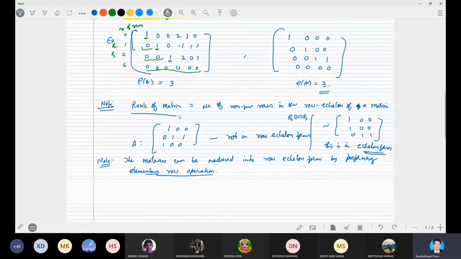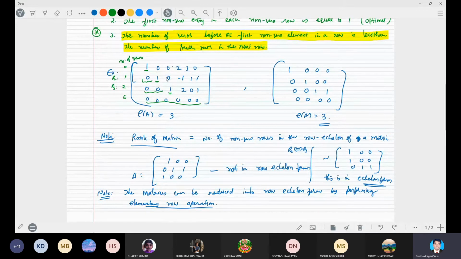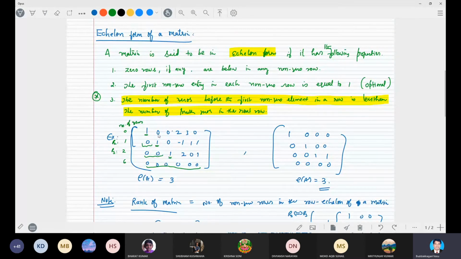First, we arrange all the elements row-wise by performing elementary row operations only, to make it into a particular specified form. That means it follows that the number of zeros before the first non-zero element in a row is less than the number of such zeros in the next row.